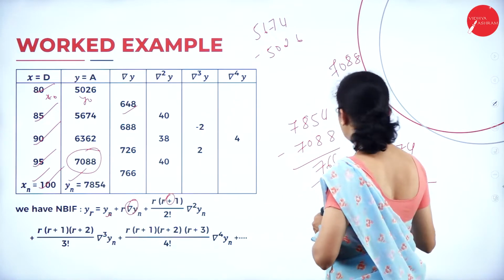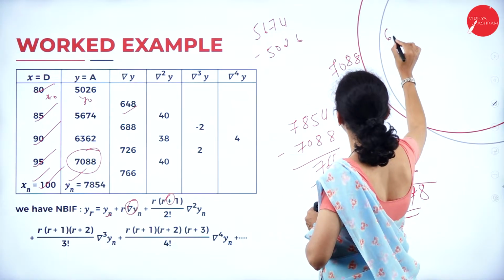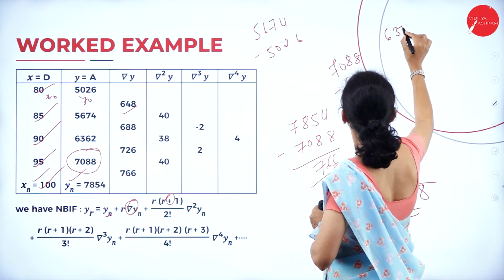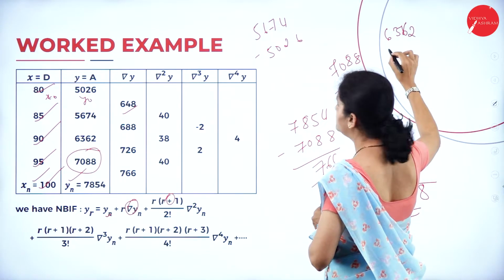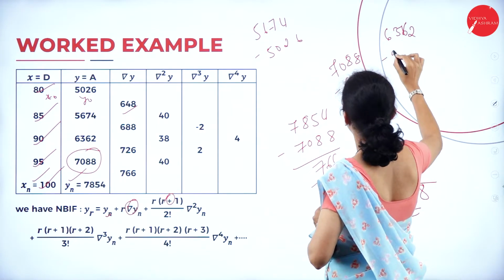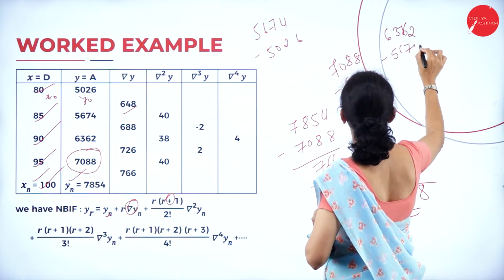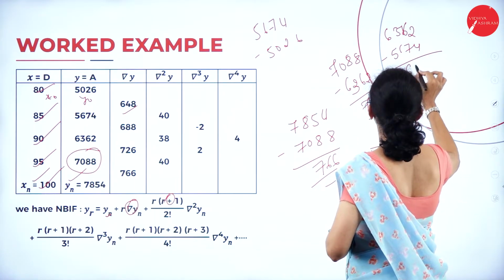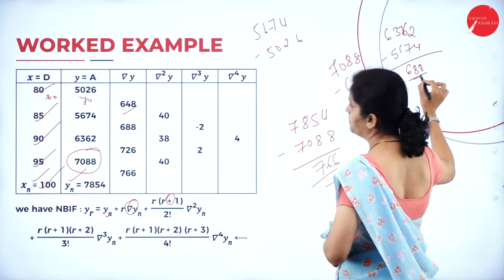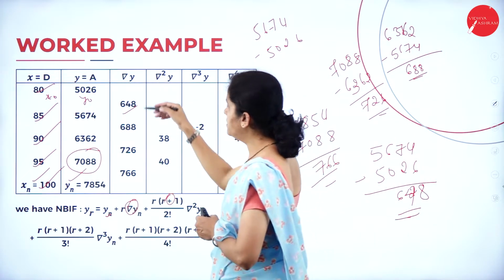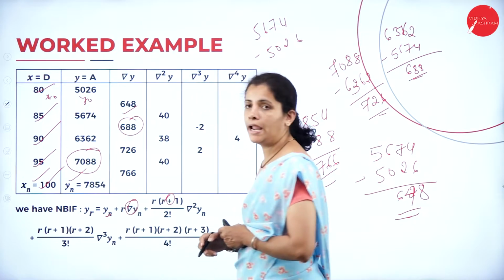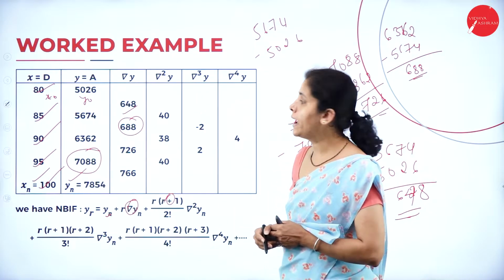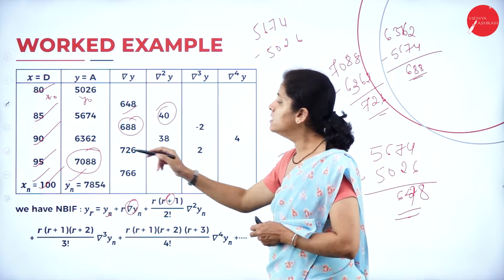Okay, and if I consider 6362 minus 5674, then I am going to get the answer 688. And if I consider the table, okay, 688 minus 648, then 40.